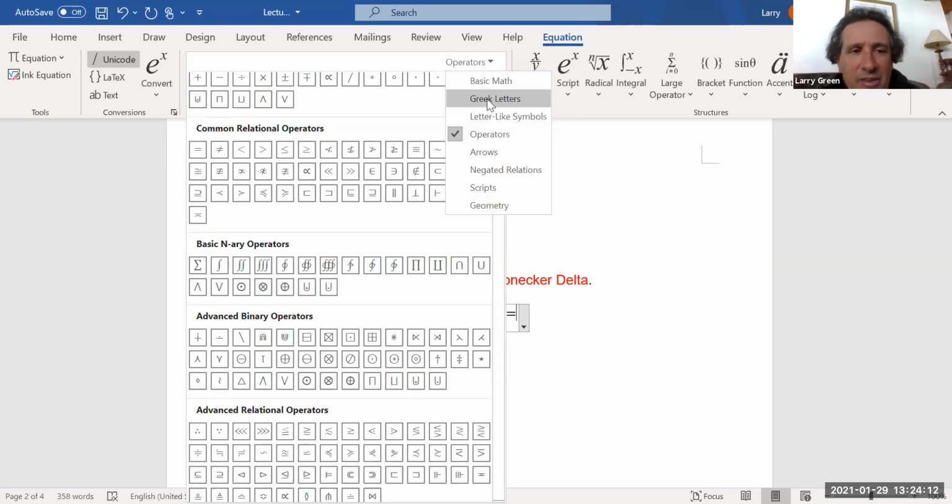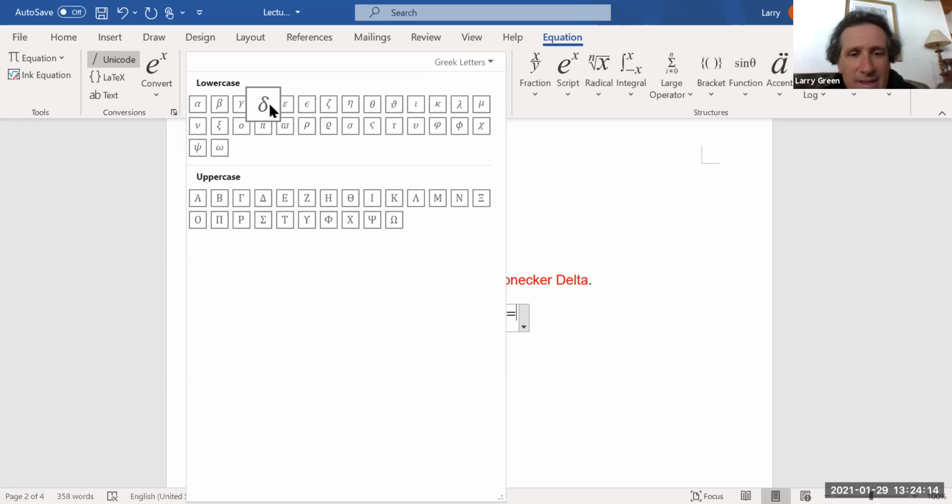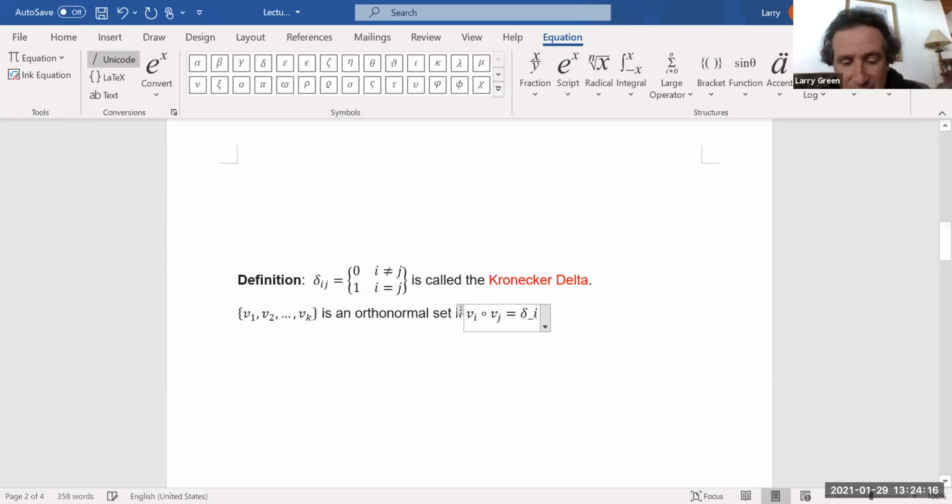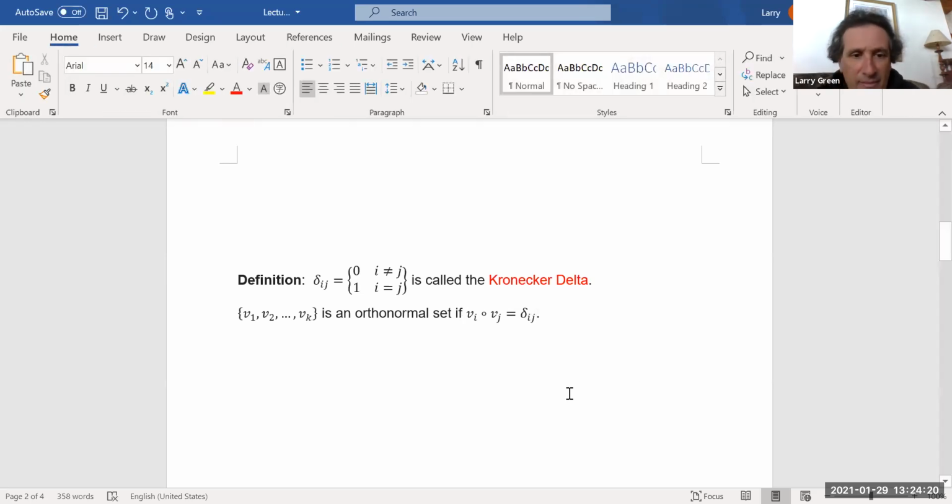There's my delta, ij. And that's the definition of orthonormal. Isn't that an easy way of writing it? So very nice to have that.